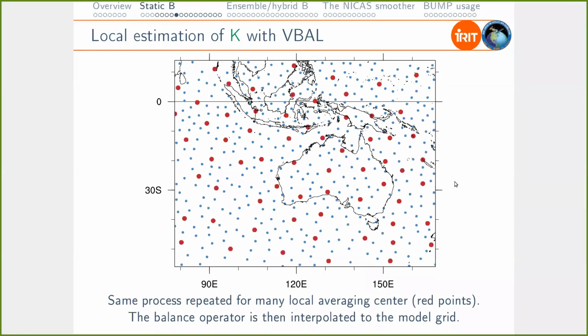We will repeat this operation for many local averaging centers, the red dots. For each of these red dots, we have averaged vertical covariance, and we can compute the balance operator in a robust way. And then we interpolate the balance operator data on the model grid when we need it.